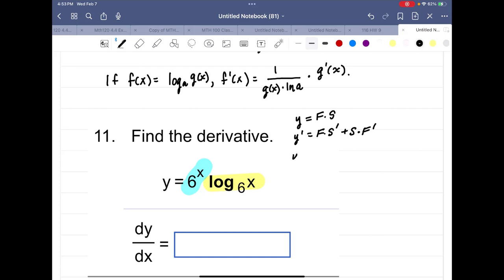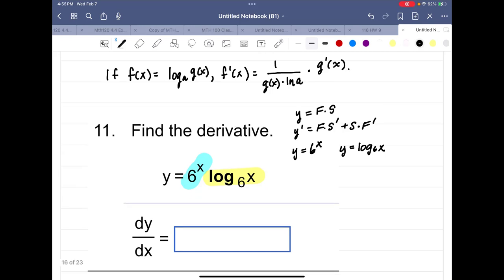So my first function is 6 to the x, and my second function is log base 6 of x. Well, we need a new rule because we haven't taken the derivative of a constant base to a variable power. So here's what our new rule says.